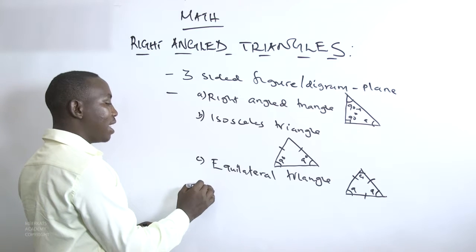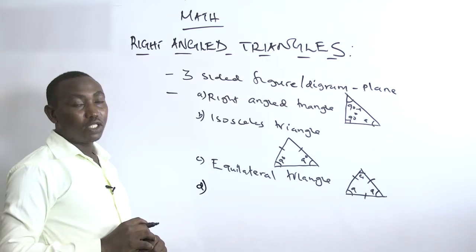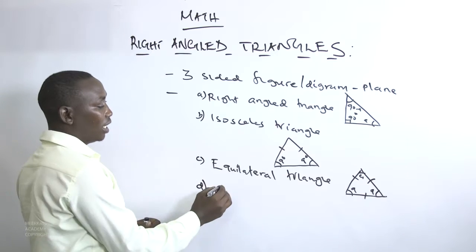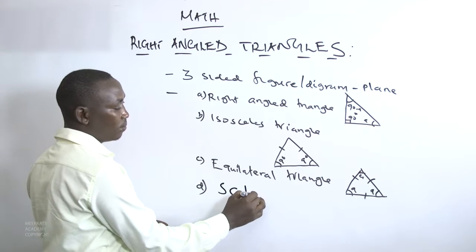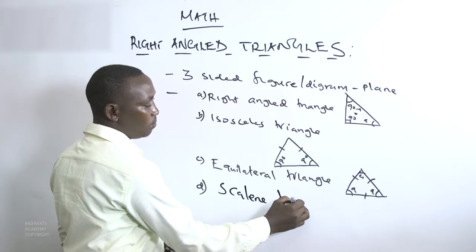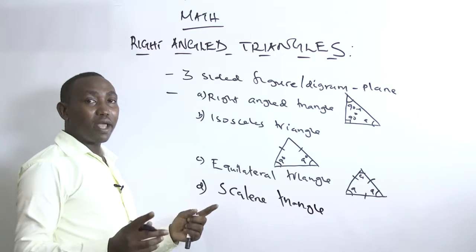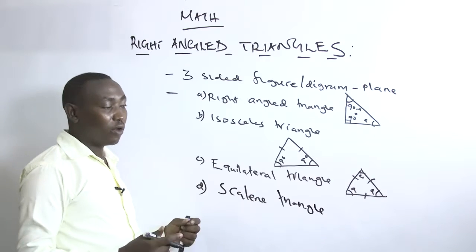And then we have another type of triangle, which we normally call a scalene. With the scalene triangle, all the sides and all the angles are not equal.